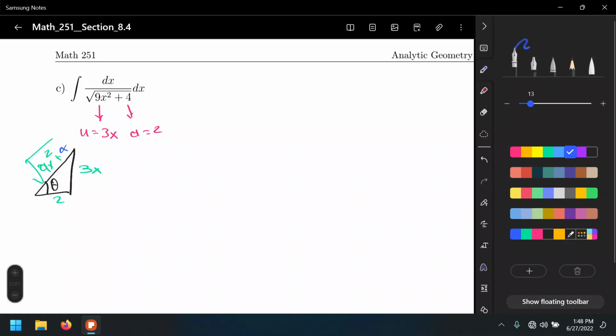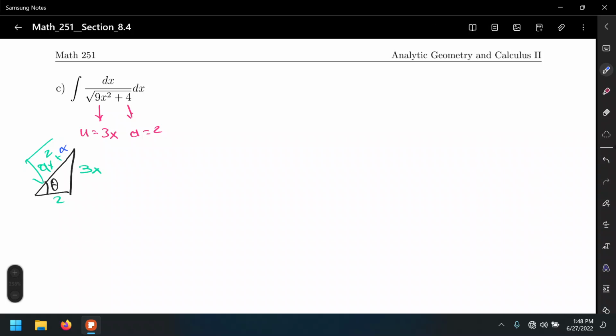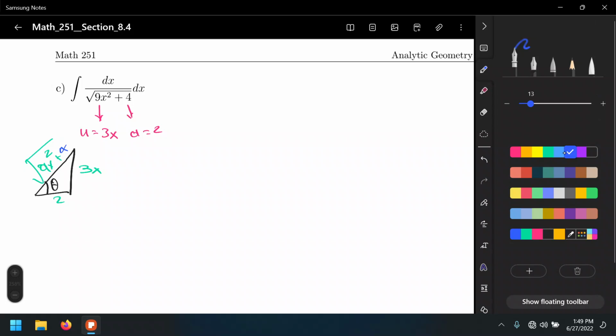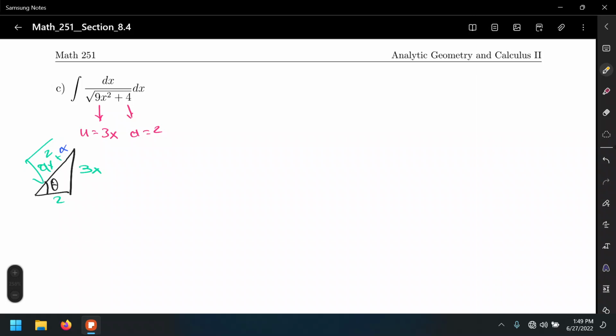Now that we have this setup, again, we're going to do the usual. Have a rational expression, a quotient that involves the radical. But we have two options: radical over 2 and radical over 3x. Which of those two is simpler? Radical over 2. So let's set the square root of 9x squared plus 4 over 2. And what's the trigonometric function that relates those two quantities?